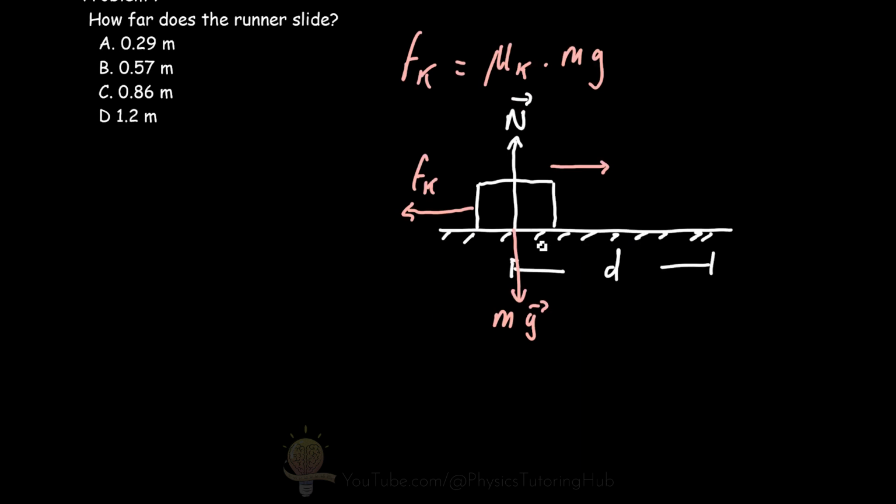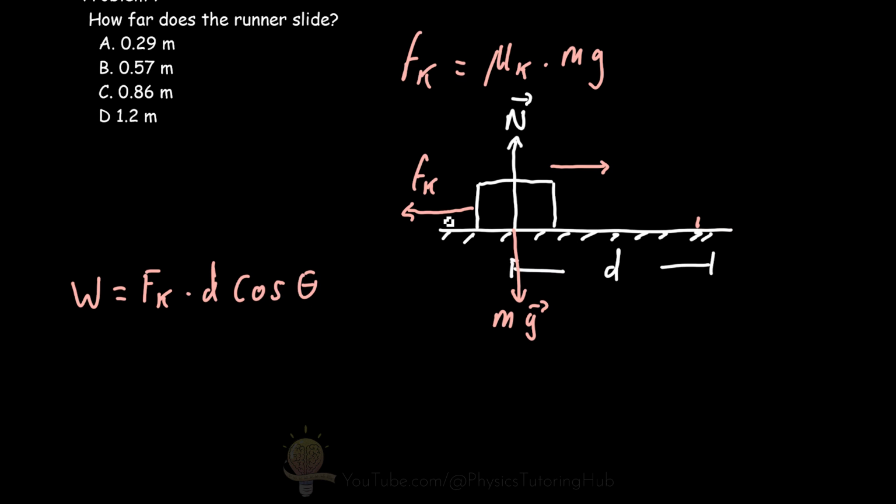Now the work done on our base runner is the measure of energy transferred to or from an object over a distance. Now we're removing energy from our base runner over a distance d. And the formula for work done is equal to the net force working on this object, which in this case is only the force of kinetic friction, multiplied by the distance the object moves over this time period, multiplied by cosine theta.